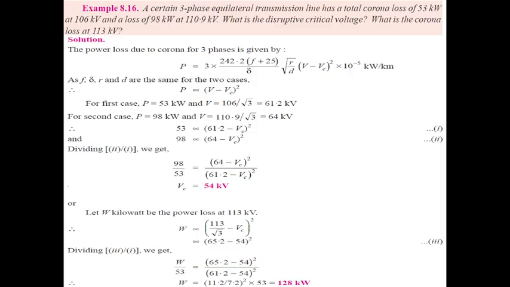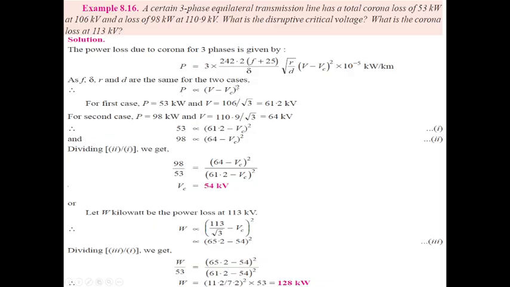the corona losses formula shows that power loss is directly proportional to the square of the difference between the phase voltage and the disruptive critical voltage, meaning P is proportional to this equation.